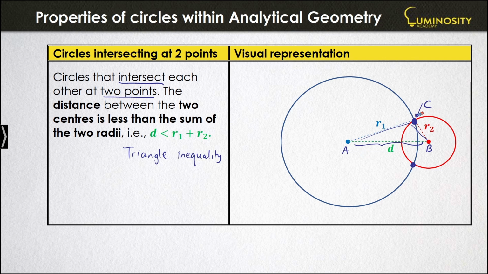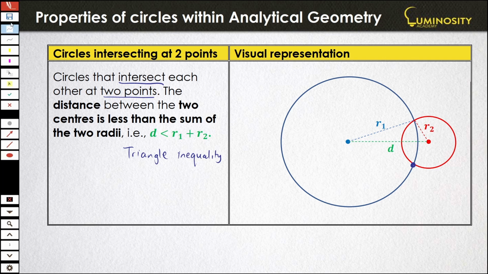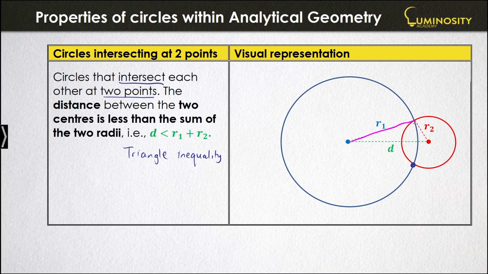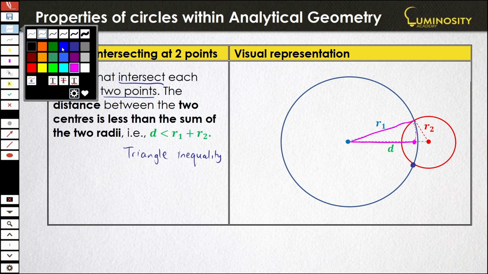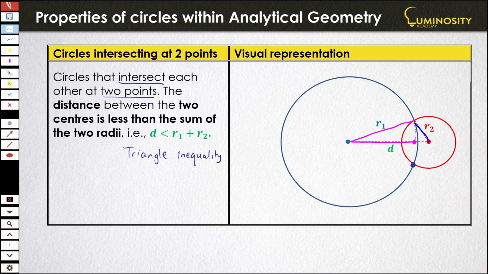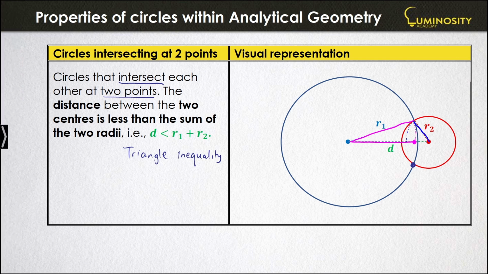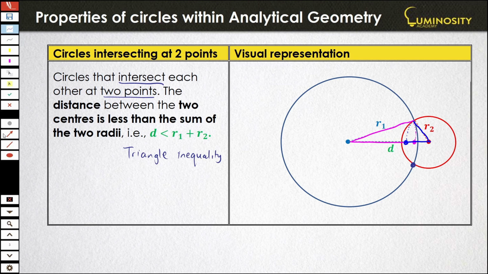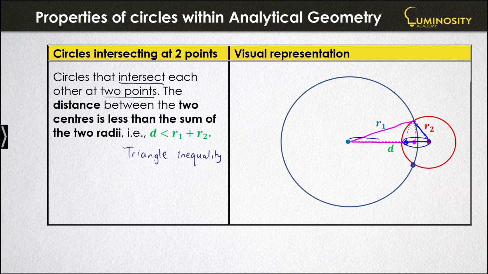If you want to visualize why that is true, think about it this way. I'm going to highlight the radius line R1. Imagine you've rotated it down, and now it makes up that much here. Then imagine you took the other radius line, R2, and rotated it down, so you get that distance over here. Now look at that. You've traveled more than d units, because you've got this extra length here plus this length here in pink.